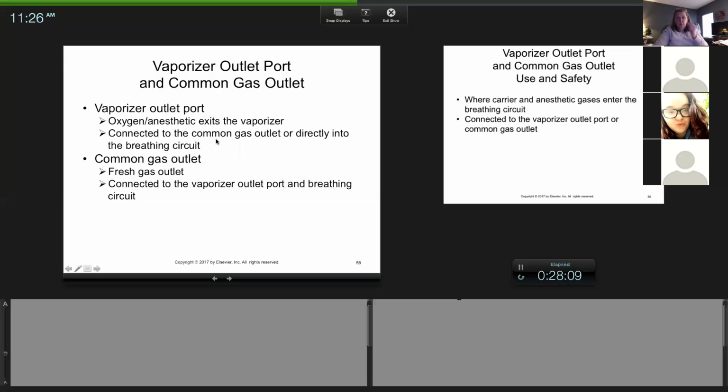There's a black tube and it'll go to a little port, and that's usually near the inhalation valve. So when the patient inhales, they're taking in oxygen and anesthetic. And again, with the vaporizer out of circuit, there's usually just a tube that connects, not in the breathing circuit, but delivers it into the breathing circuit.